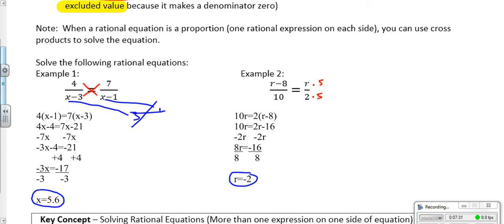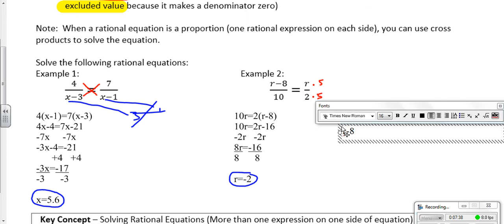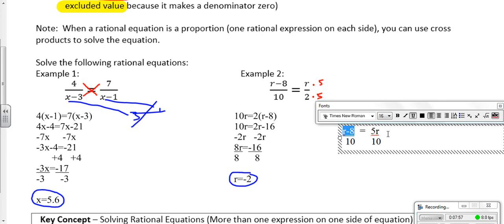But what that does is it gives me r minus 8 equals 5r over 10. And let's see, so negative r minus 8 over 10 and 5r over 10. Okay, so we have changed this now, so it looks like this.